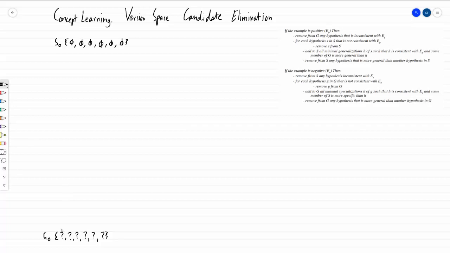So if we had for our elements pink, purple, white, white, white, red, red, red, that's way more than the actual elements, but this will accept that, whereas the specific one will reject everything currently. So the top one accepts nothing, the bottom one accepts everything. Then going through our positive and negative examples, we'll start to shrink those boundaries. So I'll go through example 1, which I'll do from both ends, and this is a positive example.